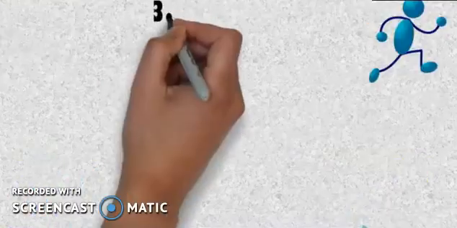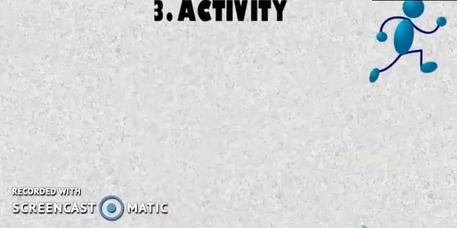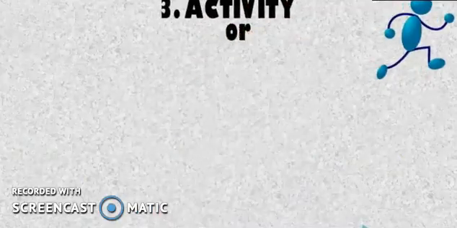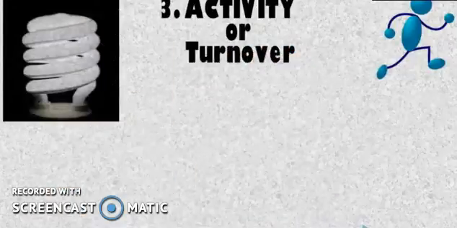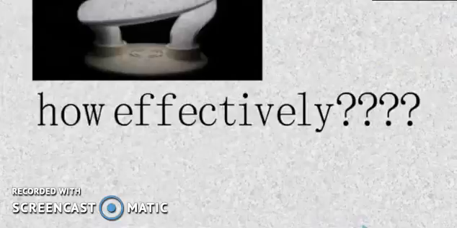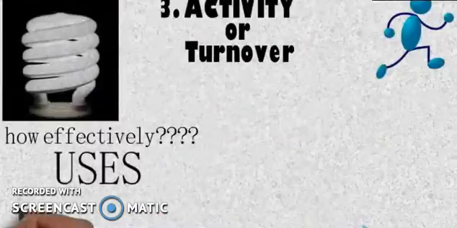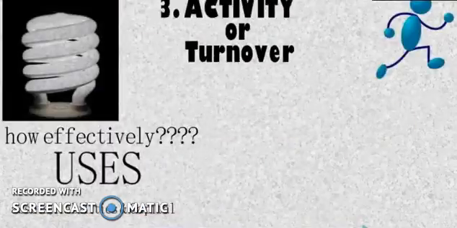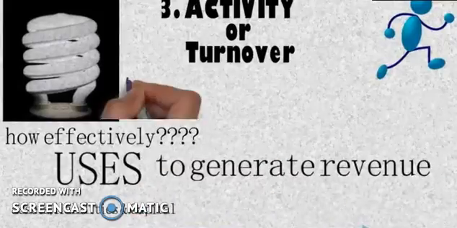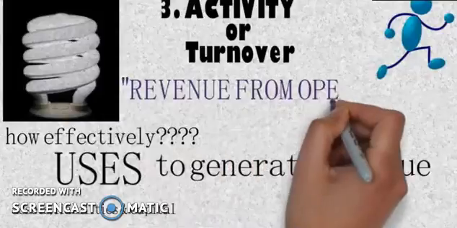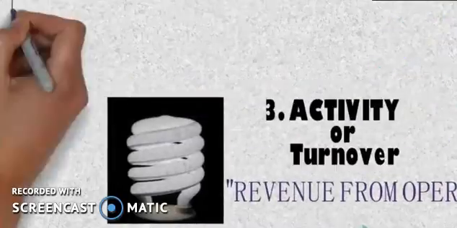Now comes the third category, the activity ratio. The other name for the activity ratio is the turnover ratio. This ratio tells us the firm's ability, or how effectively it is using its resources to generate revenue, so the other name for this ratio can be revenue from operations.